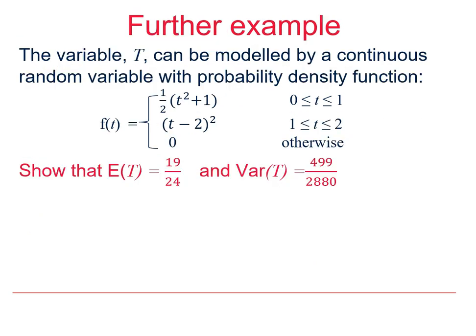So you might want to pause a moment and just jot this down and think about it. This is one of those functions that changes. So we have one particular function between 0 and 1, and one between 1 and 2.